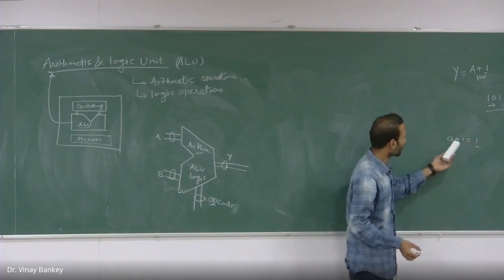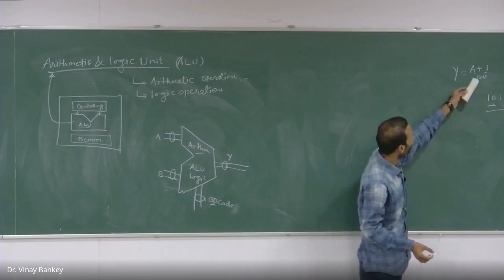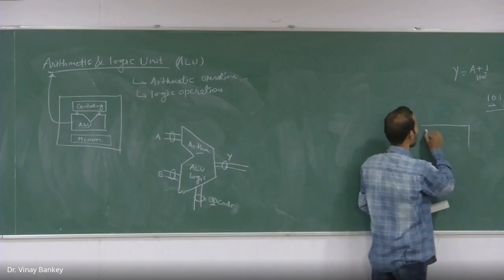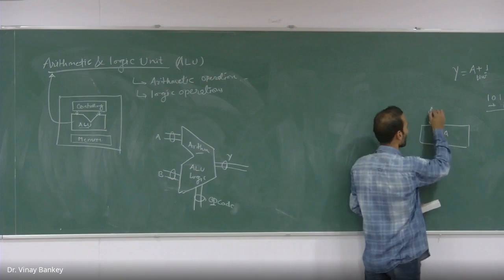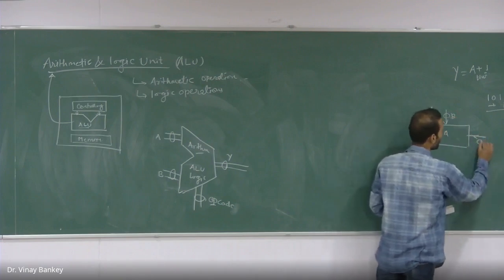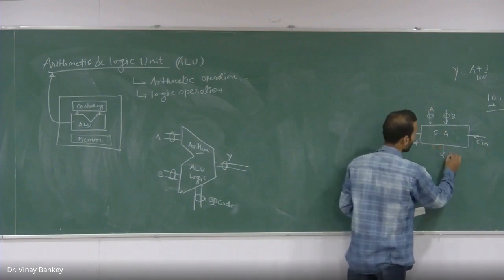It means you are ORing A and 1, and we don't want that. I want A plus 1. How will my parallel adder or full adder perform this? So this is my full adder. It will have A, B, and carry in, and carry out, and one output.